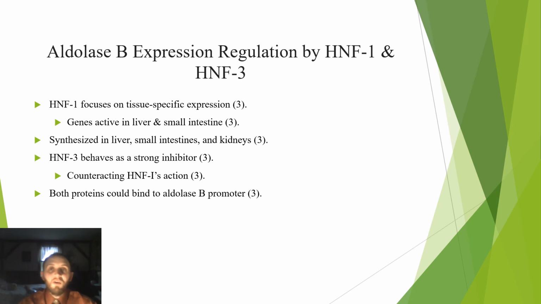Both HNF1 and HNF3 could bind to the aldolase B promoter on overlapping sites. That's why HNF3 counteracts HNF1, because both of these could bind to that promoter, the aldolase B promoter, and that's what's important.